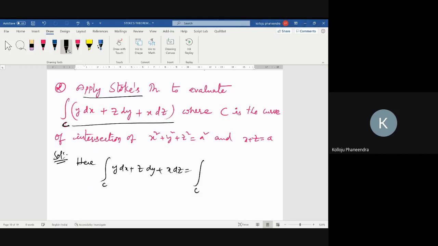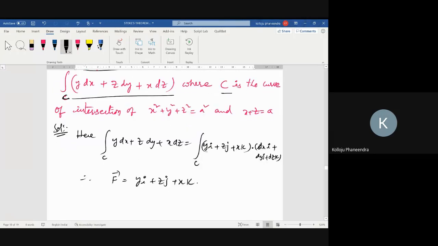I can write this as yi plus zj plus xk dot dxi plus dyj plus dzk. Therefore f bar becomes yi plus zj plus xk. And what is C? It is the curve of intersection of a sphere and a plane.